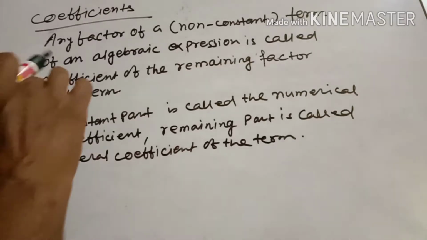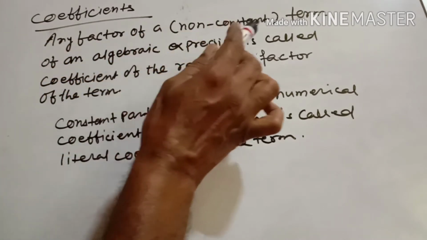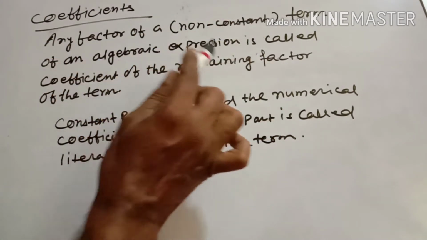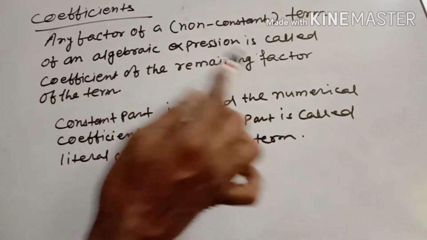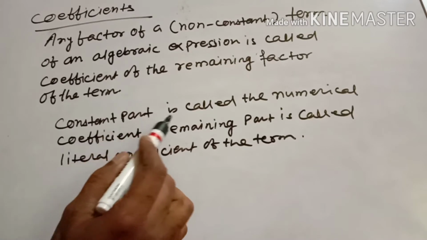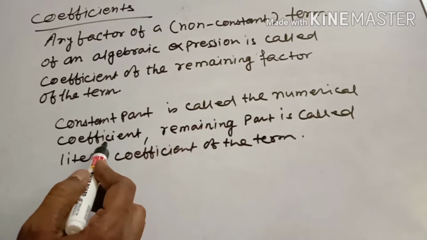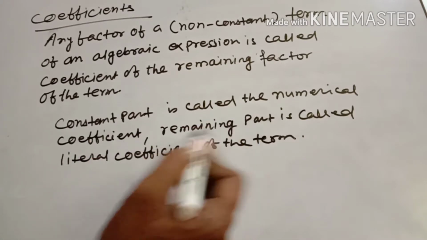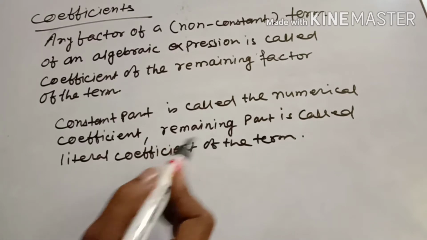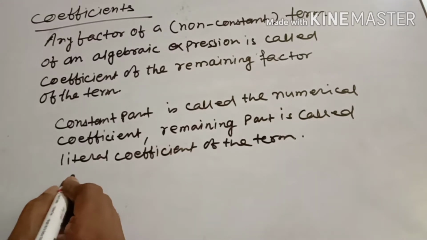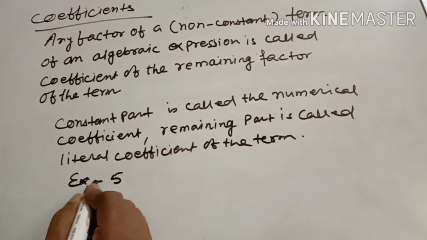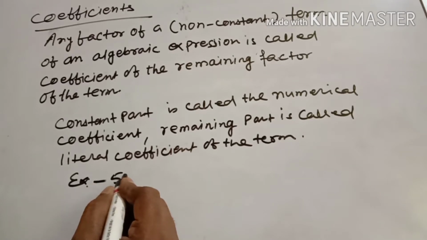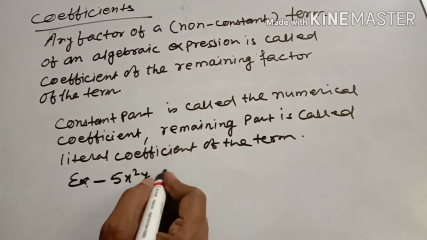Now coefficient. Any factor of a non-constant term of an algebraic expression is called the coefficient of the remaining factor of the term. The constant part is called the numerical coefficient and the remaining part is called the literal coefficient of the term. See one example, minus 5x square y.